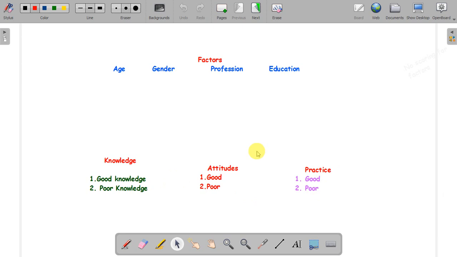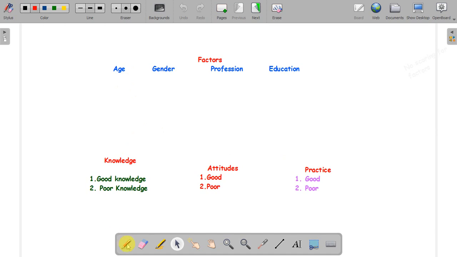So there are two possible outcomes in a research. And then later you are going to analyze how these factors influence these things. Each factor needs to be analyzed separately, and how each individual factor influences knowledge, attitude, or practice.